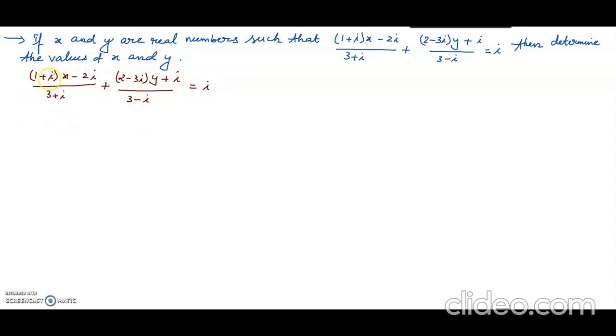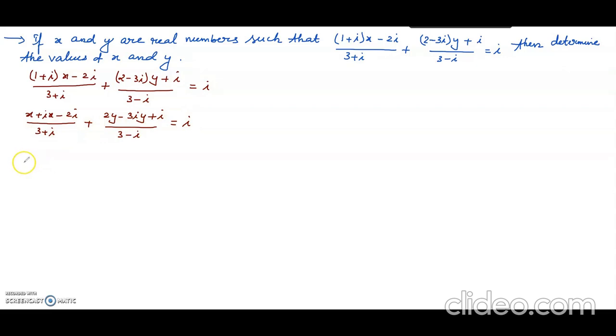First of all, let us open up the numerator. 1 into x plus i into x minus 2i by 3 plus i. We are making the numerator simple by avoiding the brackets. Then 2 into y minus 3i into y plus i is alone, whole divided by 3 minus i, equals i. Now let us add these two numbers on the left.